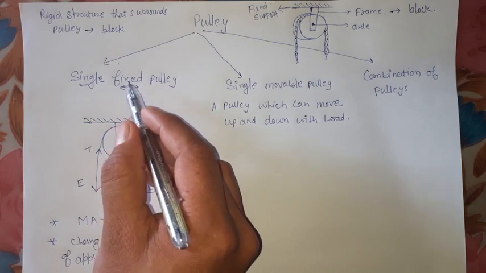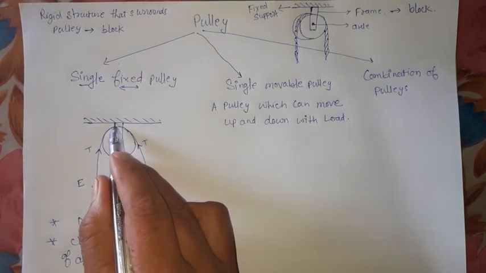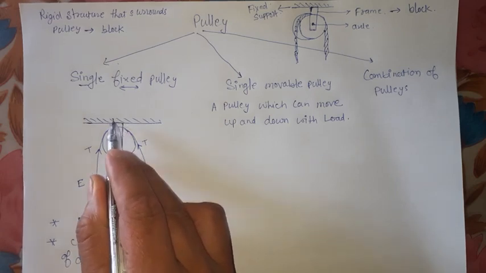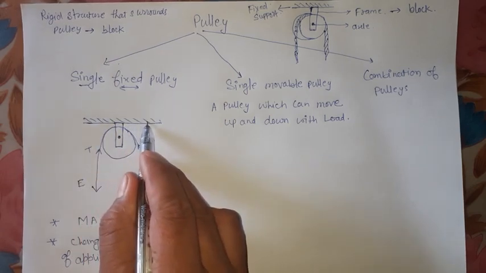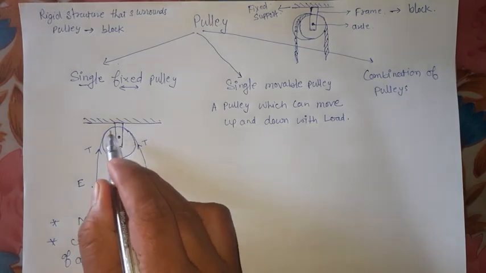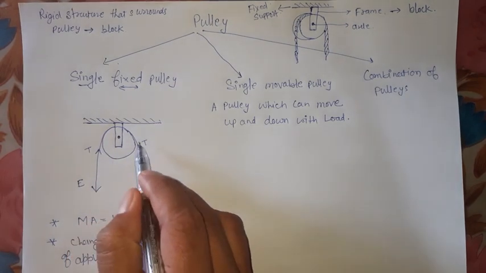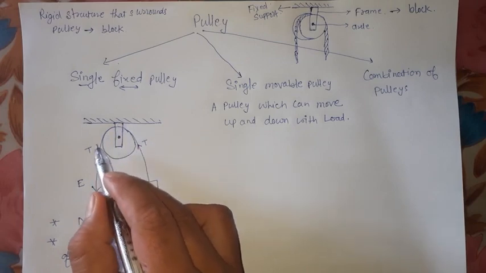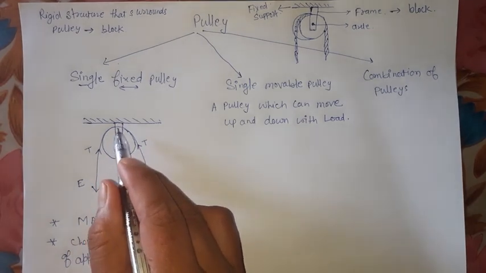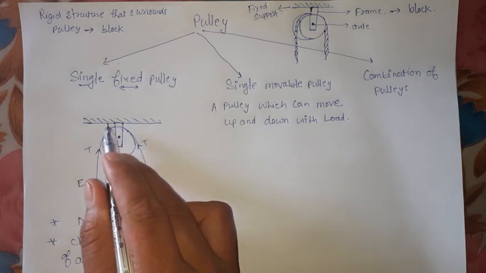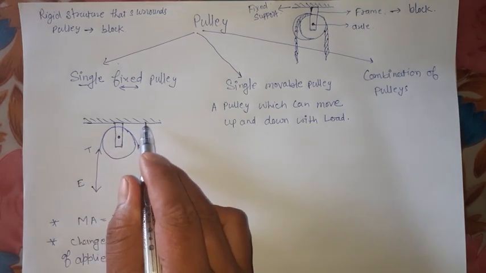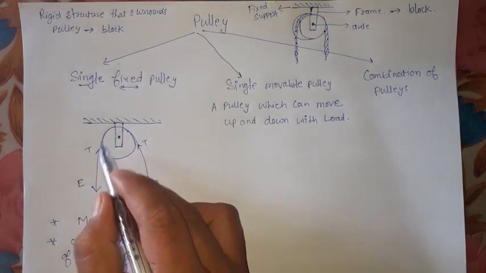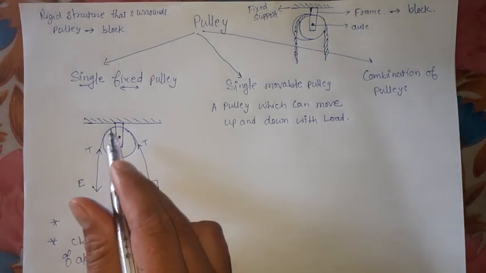We must remember: the pulley in which the block is fixed to a rigid support, and there is only a single pulley in this block. The block is supported by this rigid support, which is fixed, so it cannot move up and down. A rope is crossing over it.